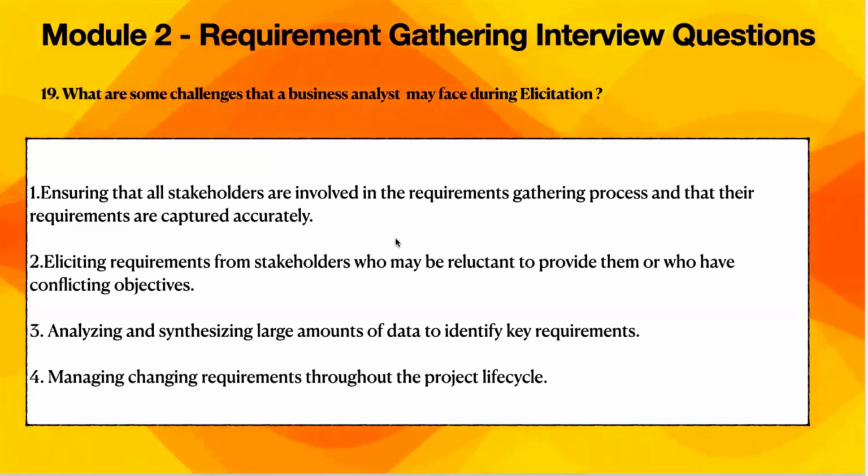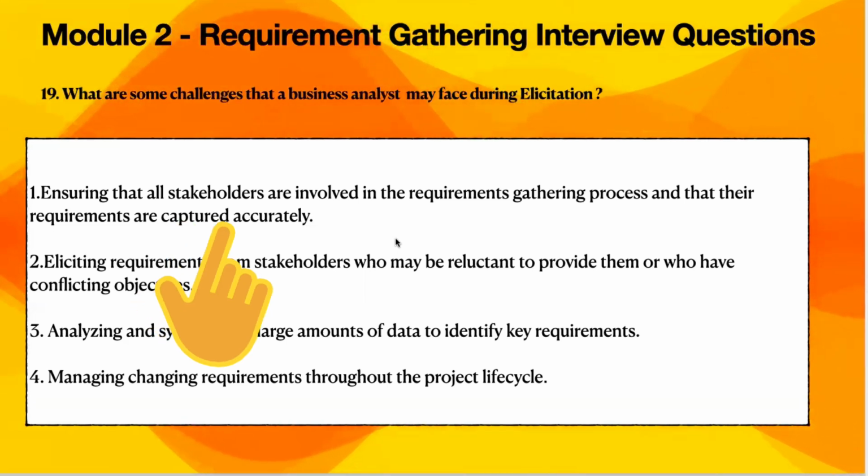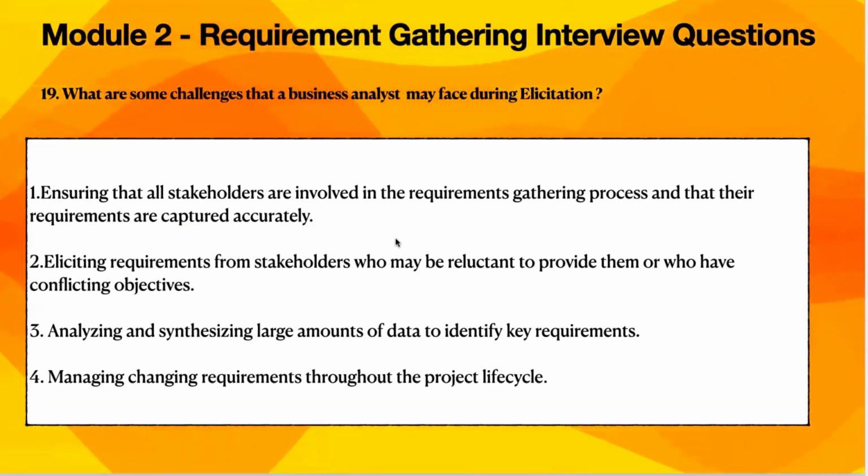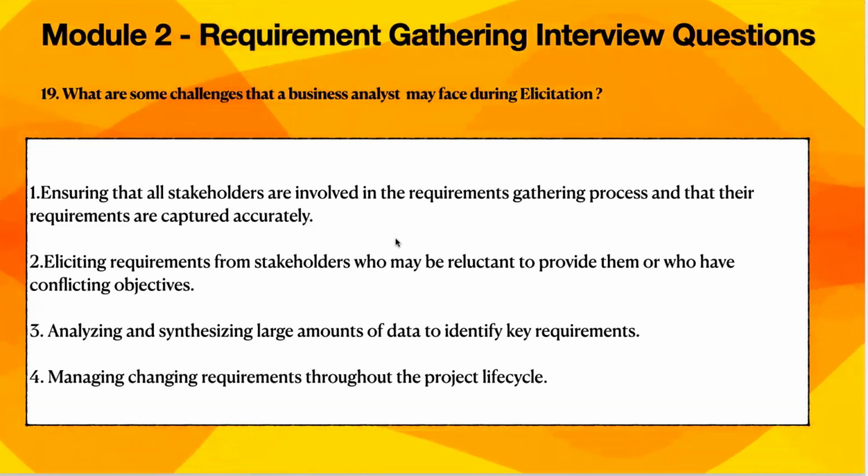If stakeholders have conflicts between themselves, where one person is stating a requirement and another person is not agreeing, we need to be very patient in handling those situations and identify which is the correct requirement. That is a skill a business analyst should develop.